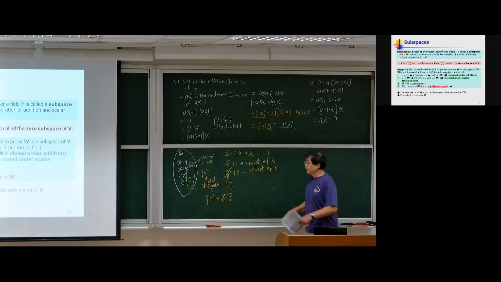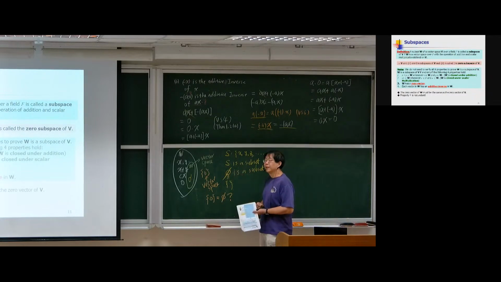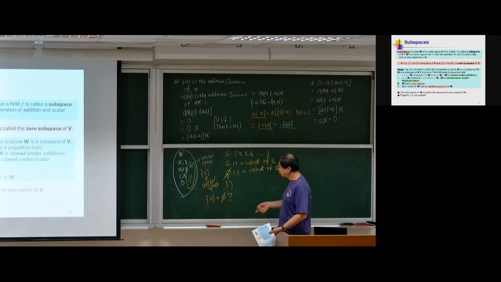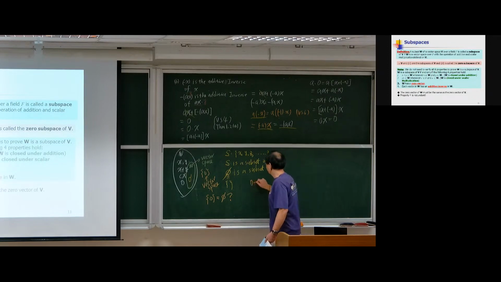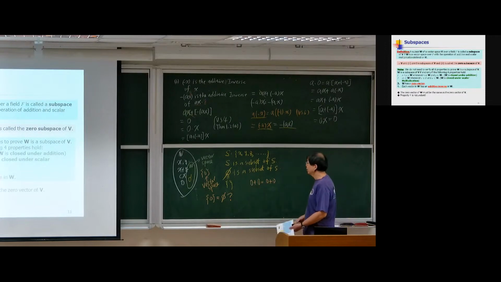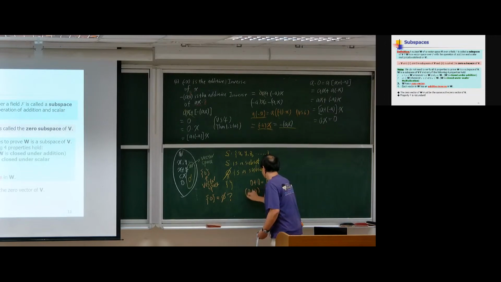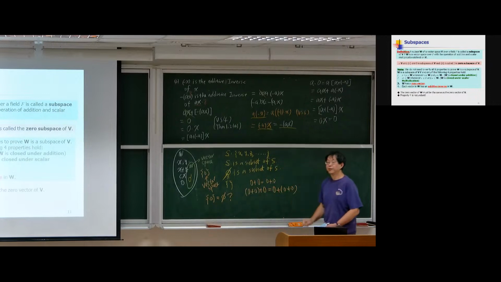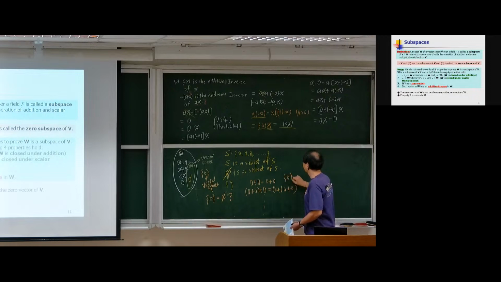The zero vector set itself is a vector space because, from the definition of vector space, 0 plus 0 equals 0, which is VS1, and 0 plus 0 plus 0 equals 0 plus 0 plus 0, which is VS2, etc. Within this vector space, I have only one element, one vector.